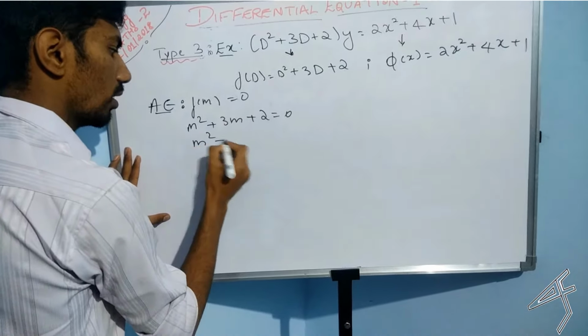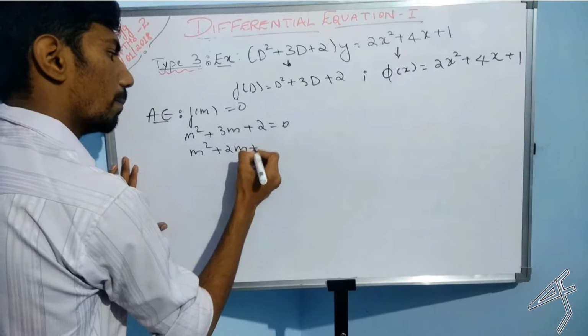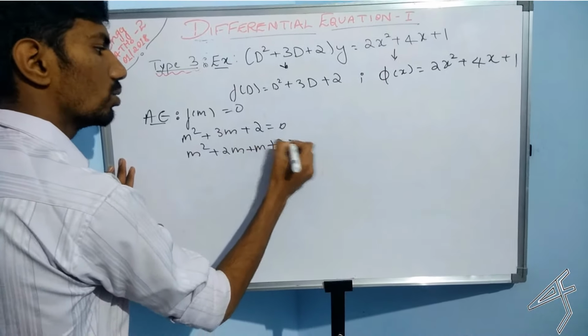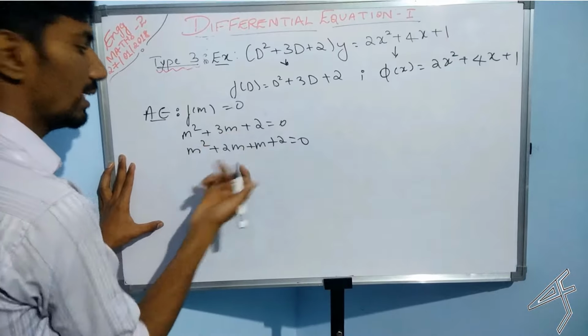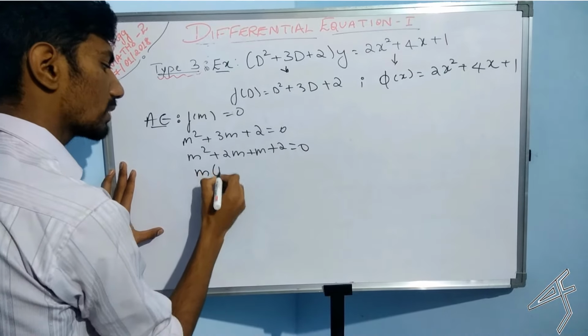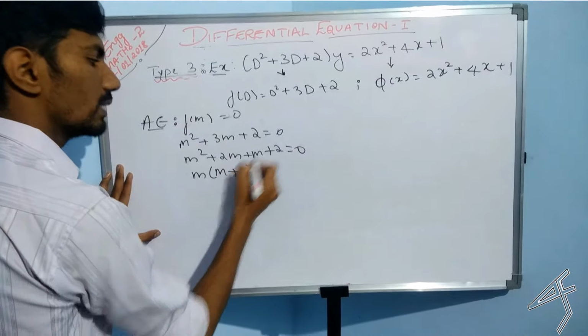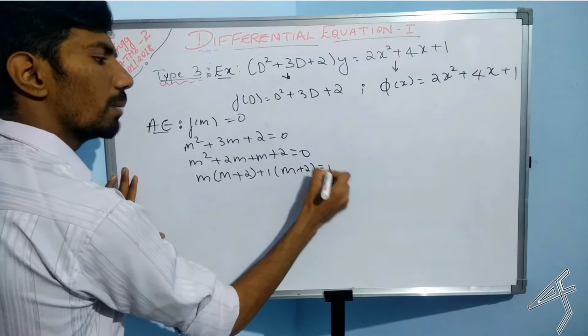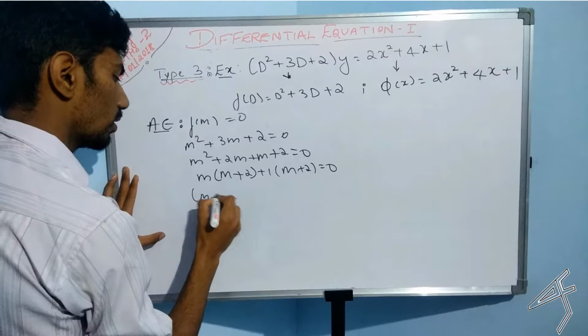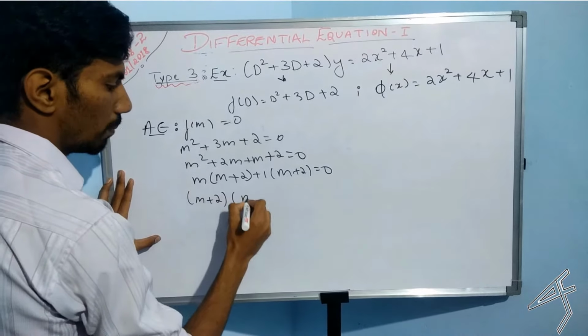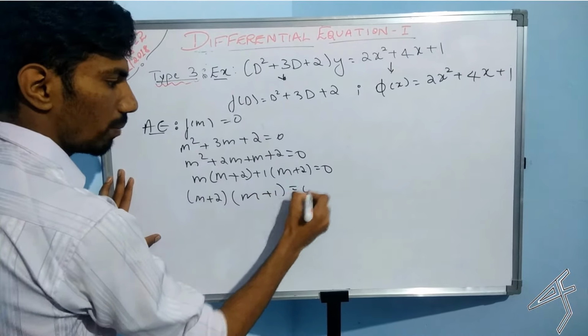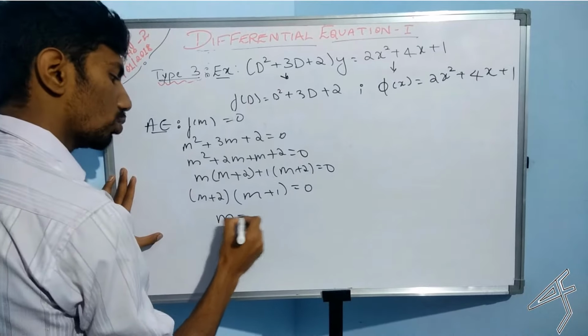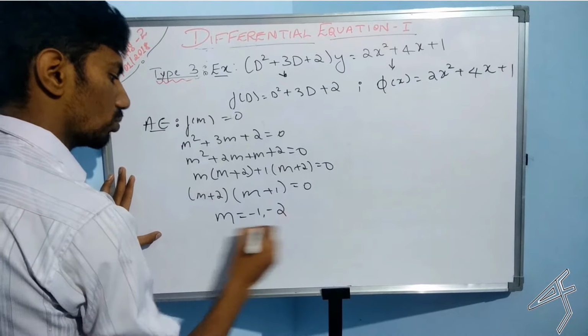So m square plus 2m plus m plus 2 equal to 0, since 2m plus m is 3m. In the first two terms m is common, so m plus 2. In the second two terms 1 is common, so m plus 2. In both, m plus 2 is common, so we get m plus 2 into m plus 1 after taking it common. After solving we get m equal to minus 1, minus 2.